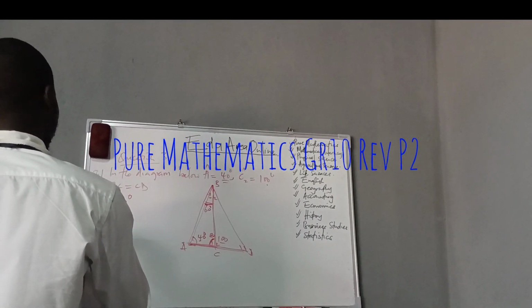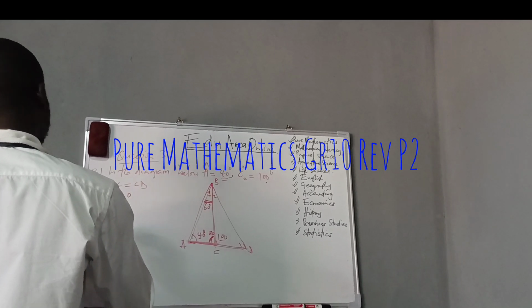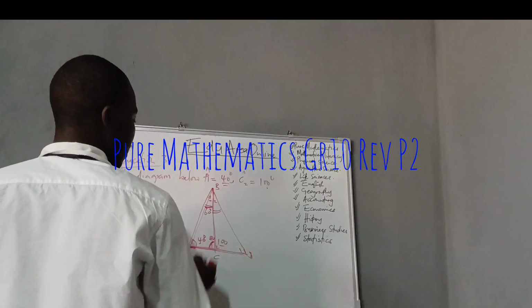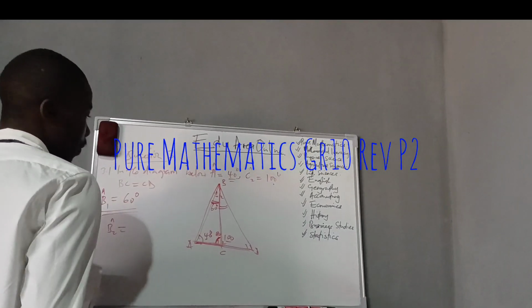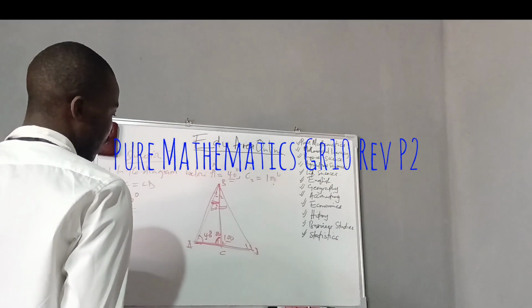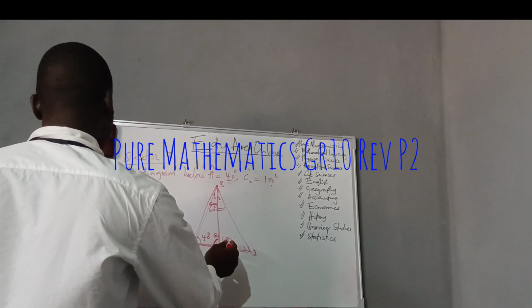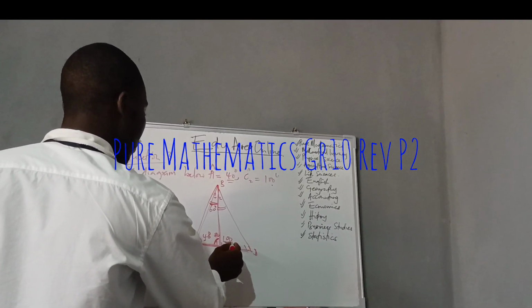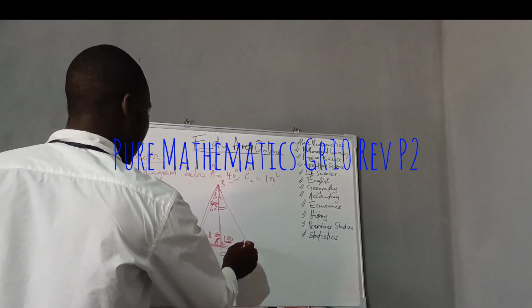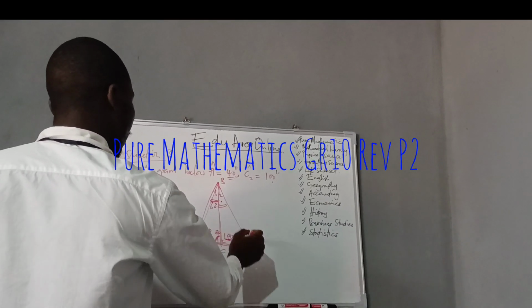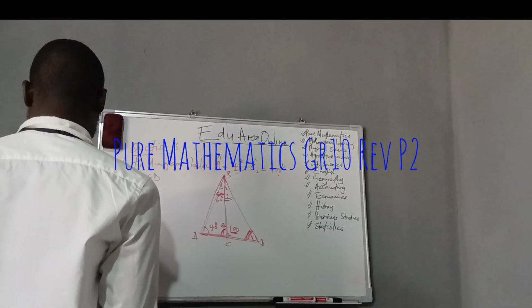So now 3.1.2. So B cap 2. What about B cap 2? We want to find this angle. So how do we find that angle? So now we have realized that we calculated this angle as 80 degrees. This one, we know that this is 100 degrees, but we want to find the two angles, right?